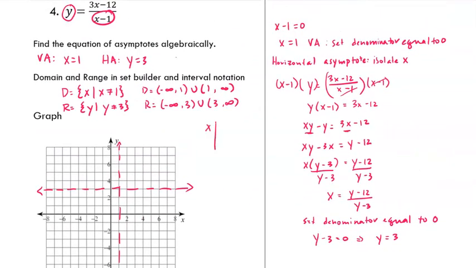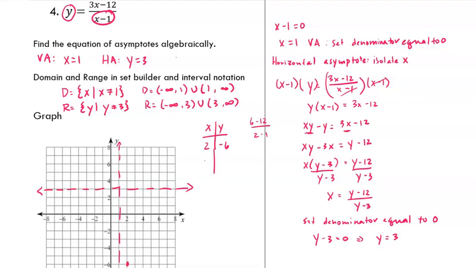I have 2. Let's put 2 in. That's going to be 6 minus 12 over 2 minus 1. So that's negative 6. And negative 6 right here.